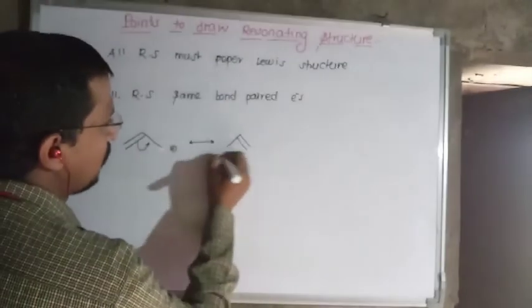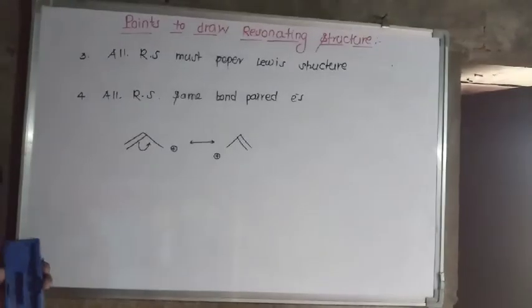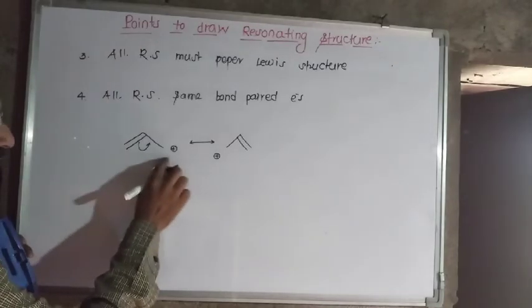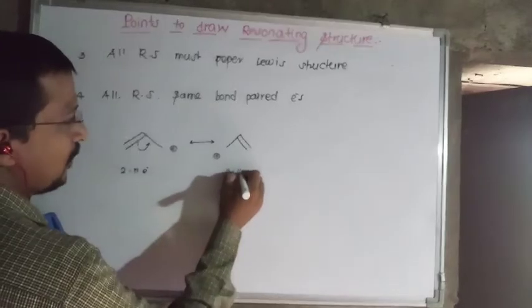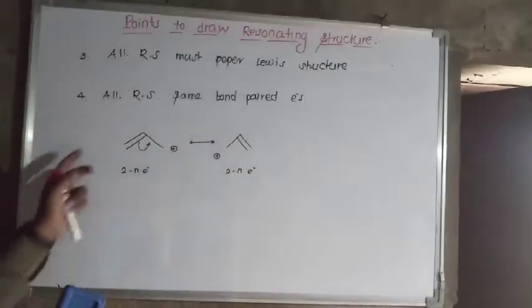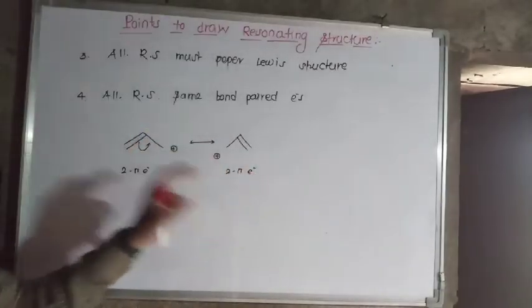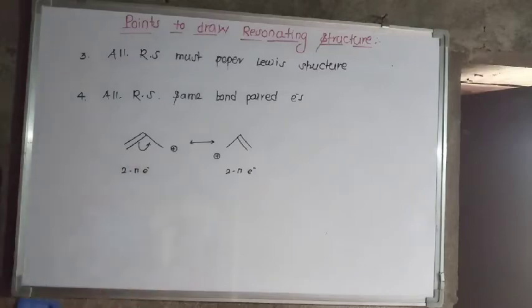And as they have the same number of bond paired electrons, in the sense, yes, if you consider it like this, positive charge, then in this case if I resonate like this, double bond, positive charge. If you count the number of pi bonds, there are 2 pi electrons. Here also there are 2 pi electrons. Okay, this means they have the same number of electrons in both cases, in the pi electron system.